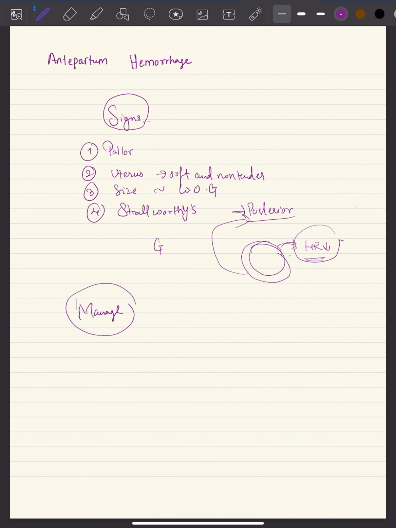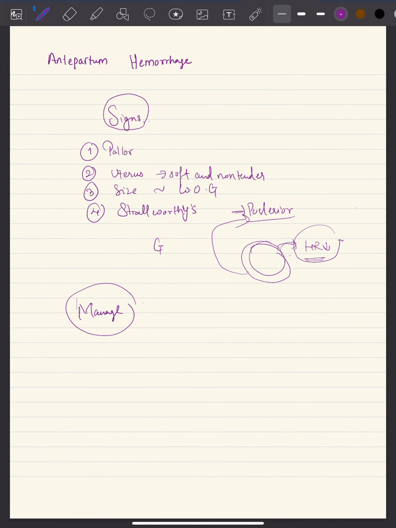Now, how do we manage it? Firstly, do we do the per vaginal examination in placenta previa? No, we strictly avoid it, because while we navigate through the vagina and explore for the placenta, the chances of hemorrhage would increase. That's why we avoid the per vaginal examination.